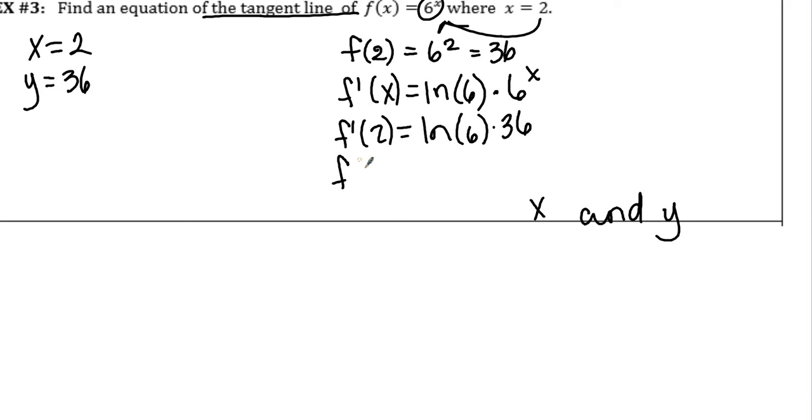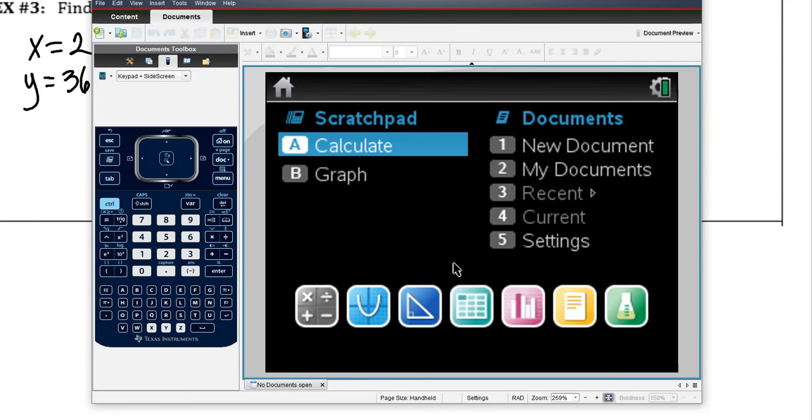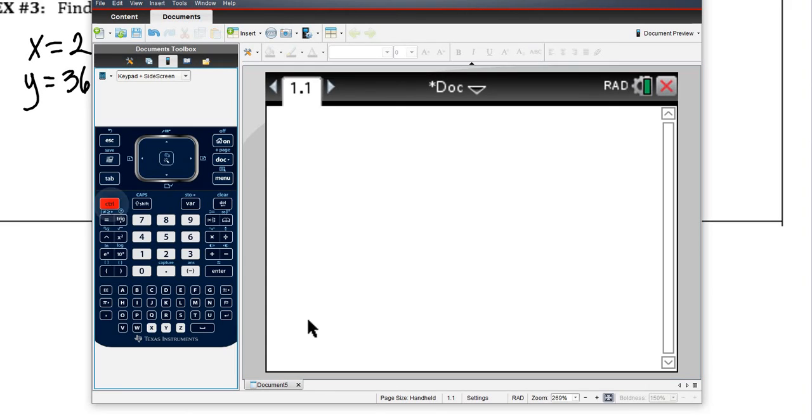And guys, if this is a non-calculator portion, which I would expect this to be, it's okay for you to write your slope as this. If this was a calculator portion, you can go ahead and plug this into your calculator. So your natural log button is right there, so you can plug in the natural log of 6 times 36.